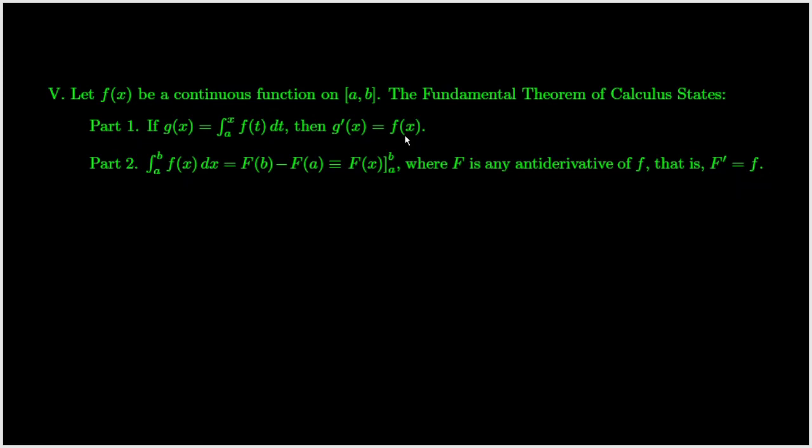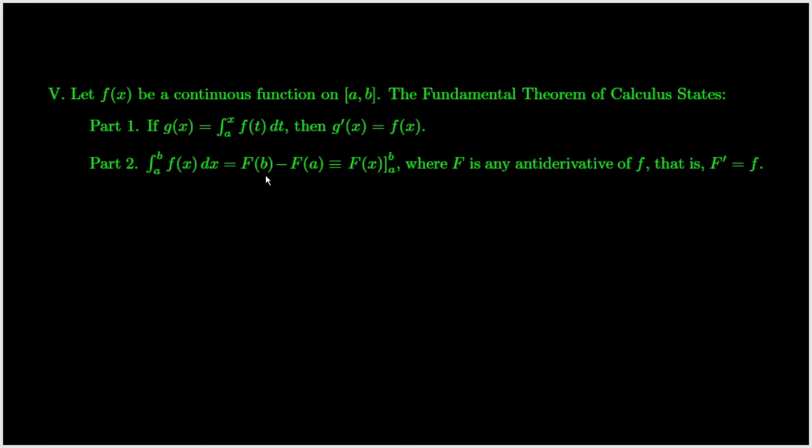For part 2, we also treat the integrand as the velocity function. If big F is an antiderivative of small f, then big F can be treated as a displacement function. Now, in the equation, the left-hand side is the displacement over the time interval from a to b.